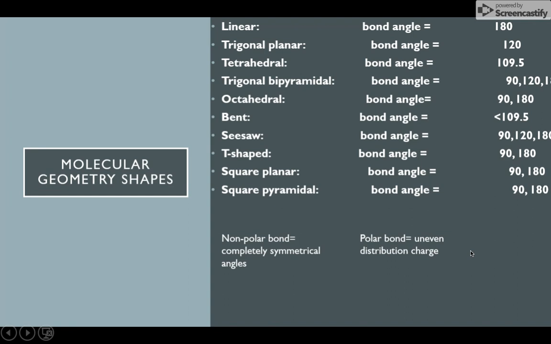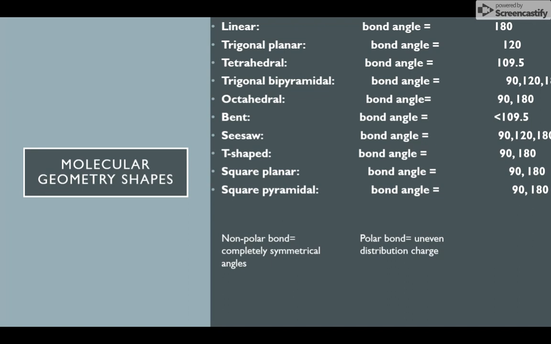Trigonal bipyramidal, the bond angle is 90, 120, and 180. Octahedral, the bond angle is 90 and 180. Bent, it's less than 109.5. Seesaw, 90, 120, 180. T-shaped, 90, 180. Square planar, 90, 180. Square pyramidal is also 90, 180.